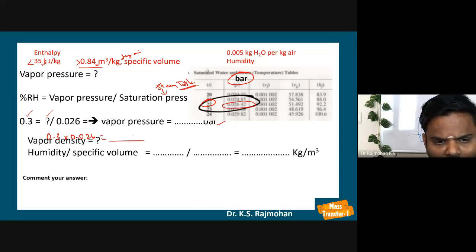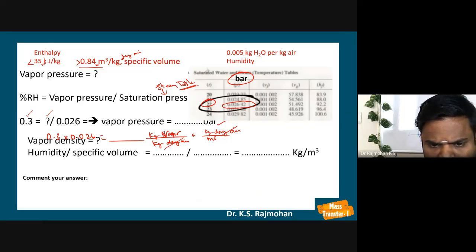So if we divide humidity, what is humidity? Unit is kg of water vapor by kg of dry air, right? And if you divide by this specific volume, which is meter cube per kg dry air, the kg dry air gets cancelled. So what you get is kg of vapor per meter cube.